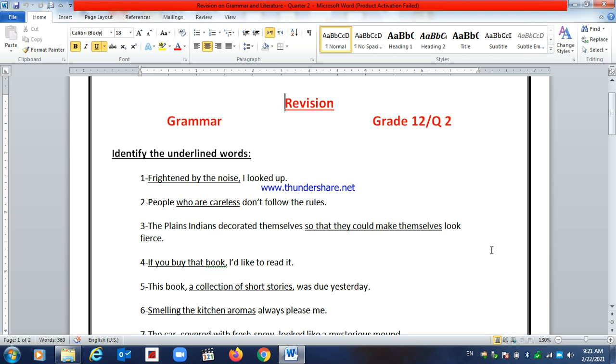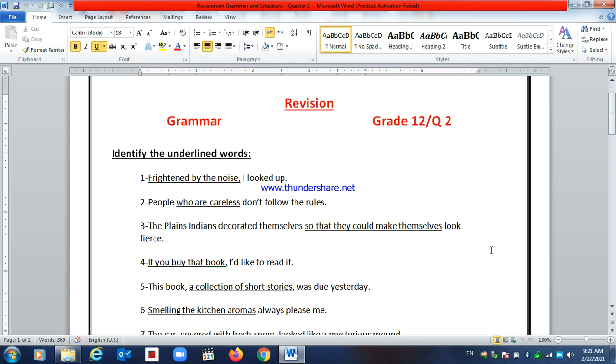Then I move to number 4. If you buy that book, I'd like to read it. If I'm going to focus on the underlined, clause or phrase? Clause, because we have the pronoun you and the verb buy. Main clause or subordinate clause?